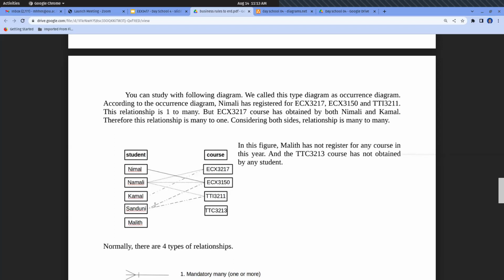Obligatory means it is a must. Some relationships should be there. Suppose a program: a program should have a course. Without a course, there is no program.